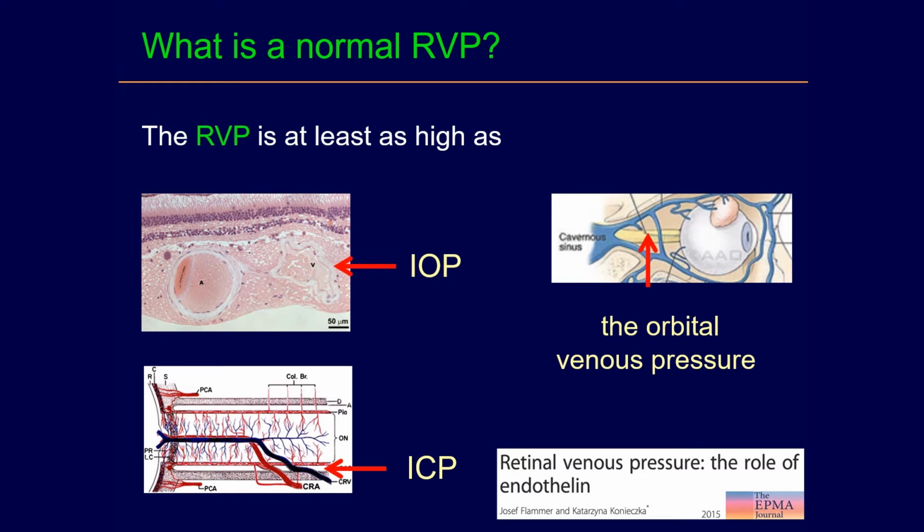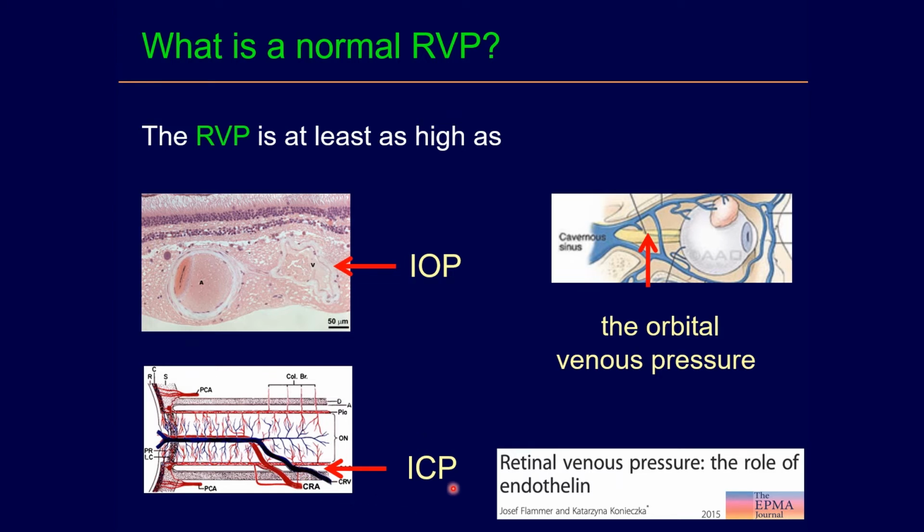But what is a normal retinal venous pressure? The pressure in these veins is at least as high as the intraocular pressure, otherwise the veins here in the retina would collapse. It is also at least as high as the intracranial pressure. This is because the central retinal vein leaves the eye via the optic nerve.